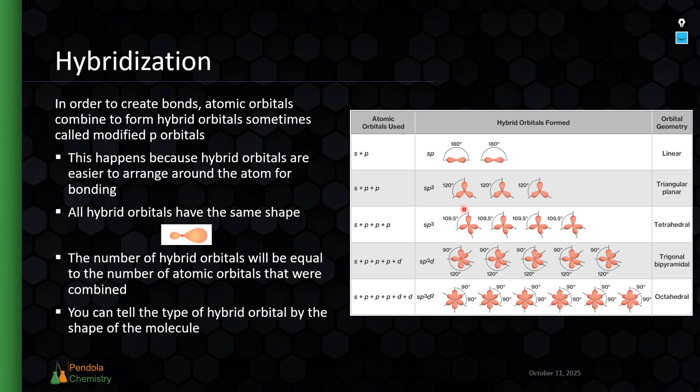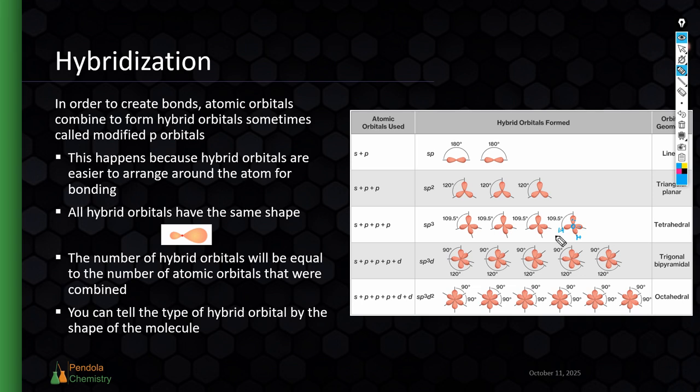Also, again, remember, these could be, instead of bonds, lone pairs. So, for example, if we had this sp3d shape, but we filled two of these with lone pairs of electrons, and then these two will go to something like a hydrogen from an oxygen in the middle.